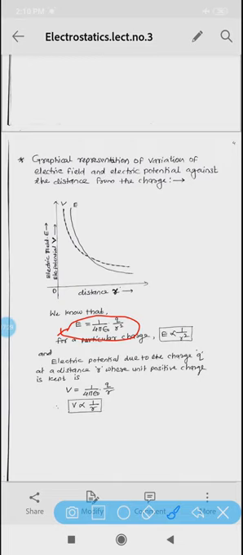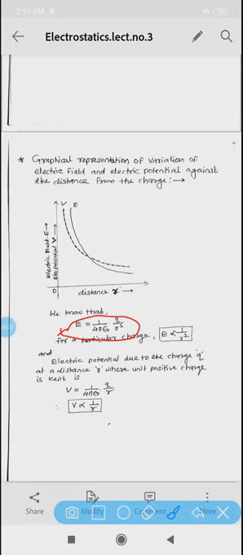For a particular charge, we can write E is inversely proportional to r square, and the electric potential due to a charge q at a distance r where the unit positive charge is kept is V is equal to 1 upon 4 pi epsilon 0 q upon r. In short, V is inversely proportional to r.